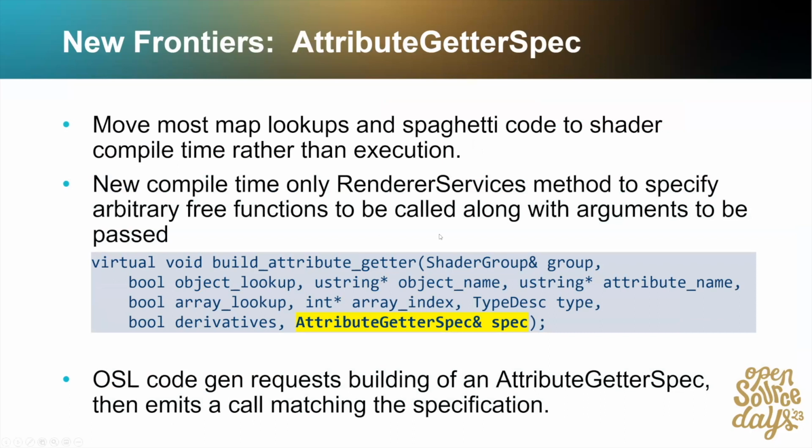And the idea here is to move all those lookups and complicated code to shader compile time. The way this works is this new function, build attribute getter spec, is called during shader compilation time, and that lets a renderer actually specify any arbitrary function to be called along with arguments to be passed.